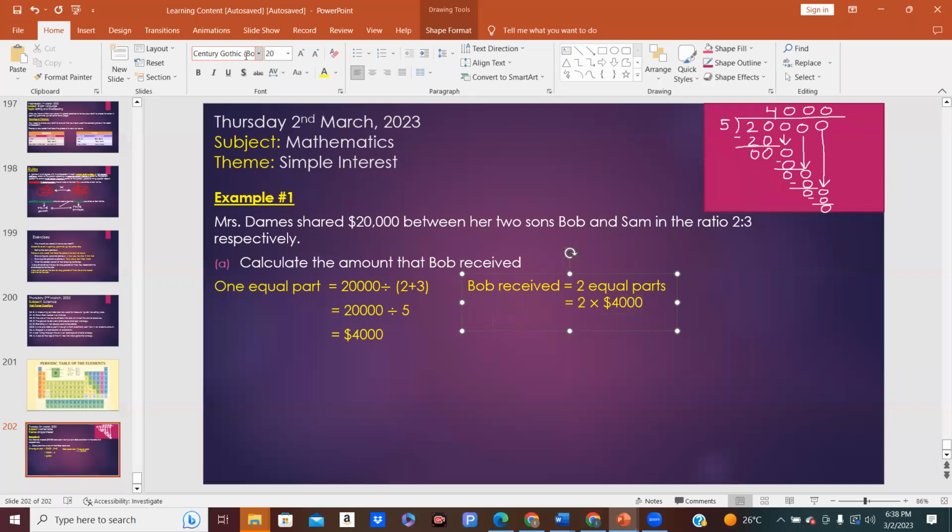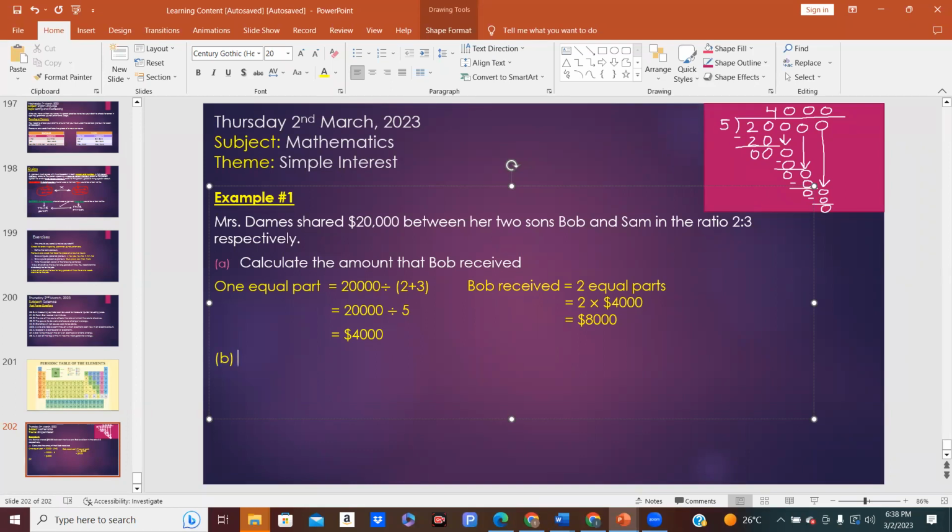And that's gonna be what? 8,000. Good. So that's the amount that Bob received. So Bob received $8,000. The question is, what did he do with his $8,000? Now, since we're on simple interest, what do you think he did with his money? Invested. He invested. Very good.